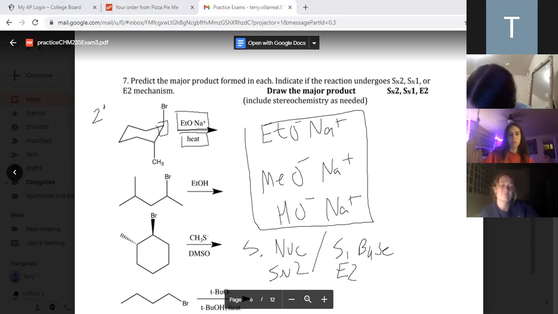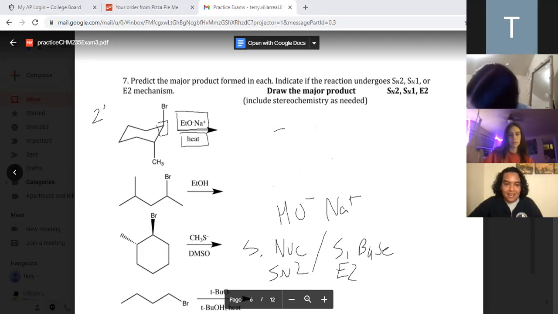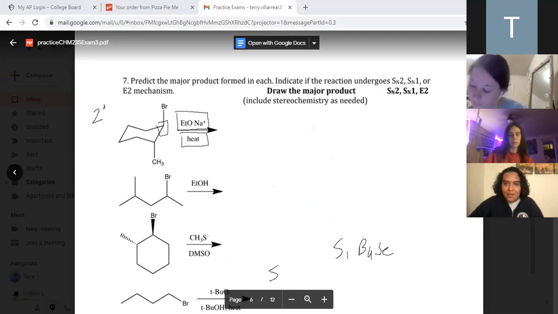Yep, when you have heat, that forces the elimination reaction. Heat will make you think this is going to be the E2 reaction. Does that make sense? So those 3 reagents, SN2 and E2 are possible, but the second you start having heat, that means that that is going to be an elimination.